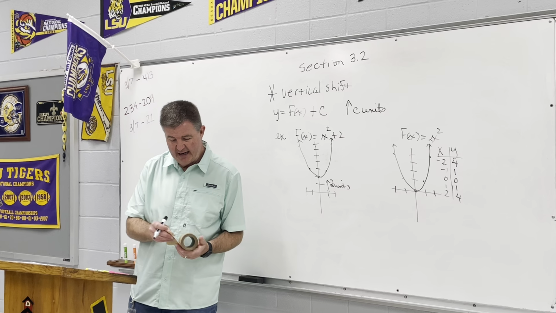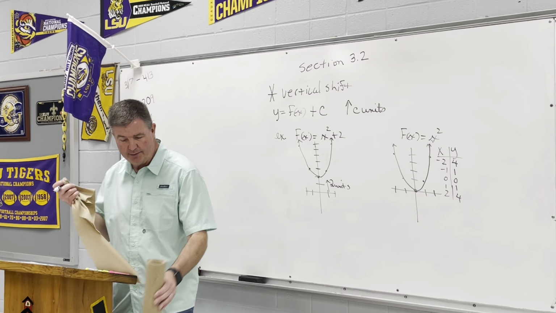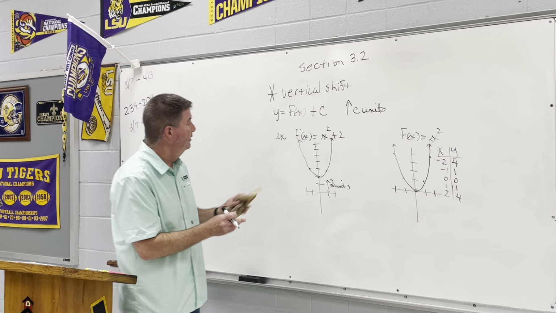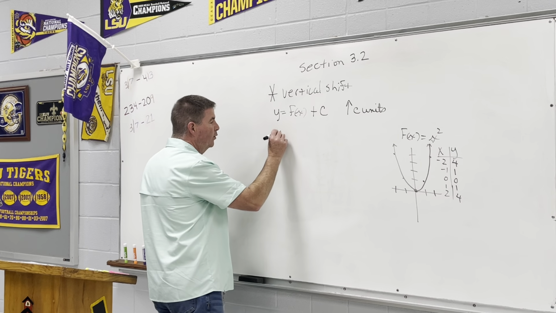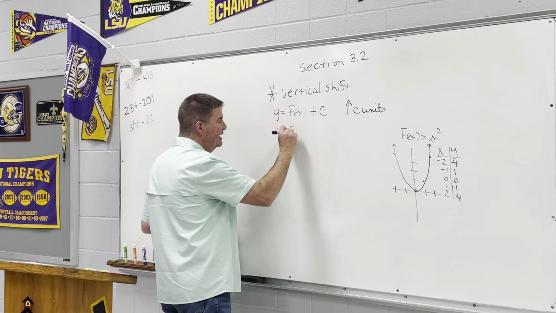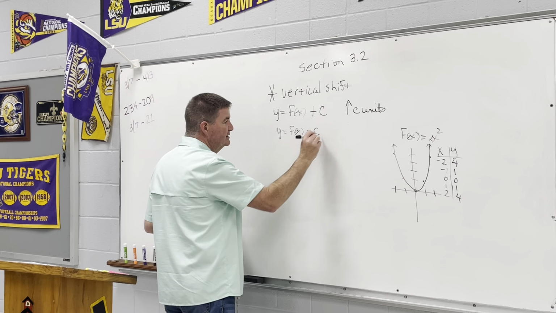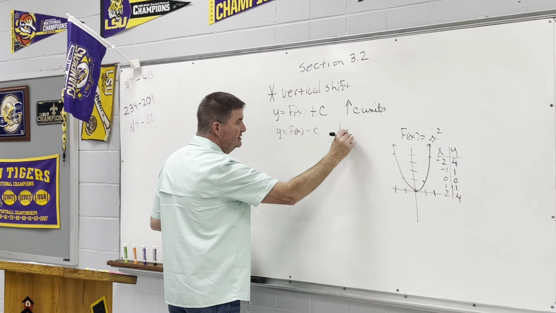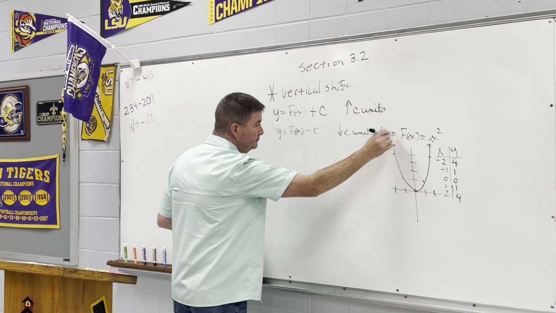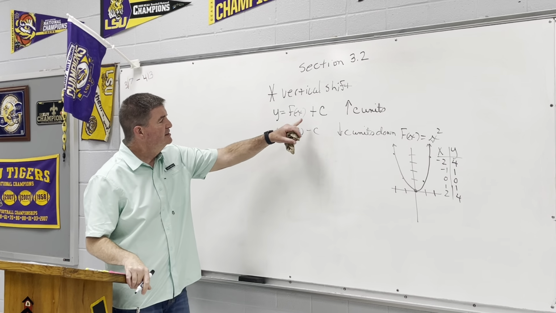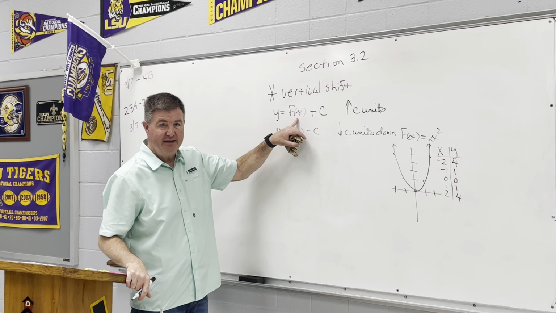We also have vertical shifts down. So for a vertical shift down, it would be y equals f of x minus c. This would move it c units down. Notice the plus c is not within the function.